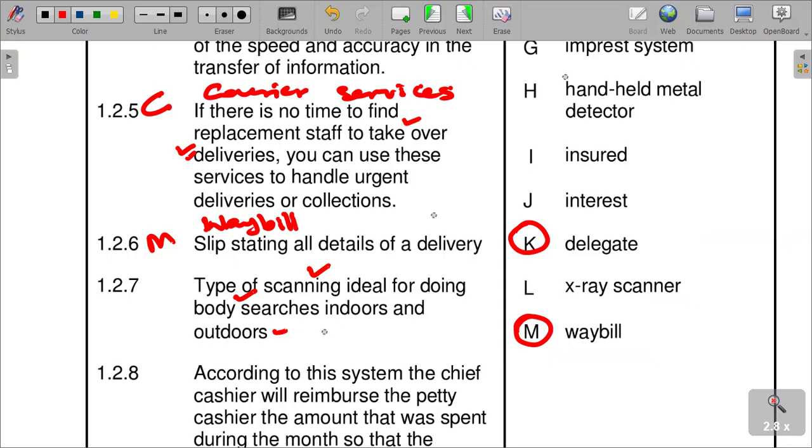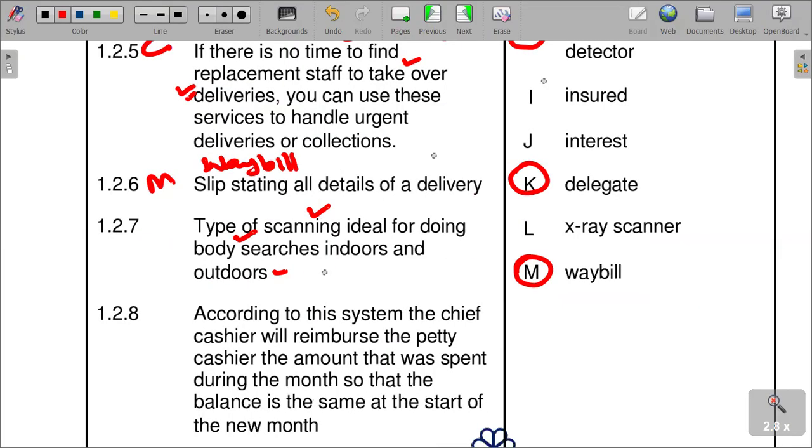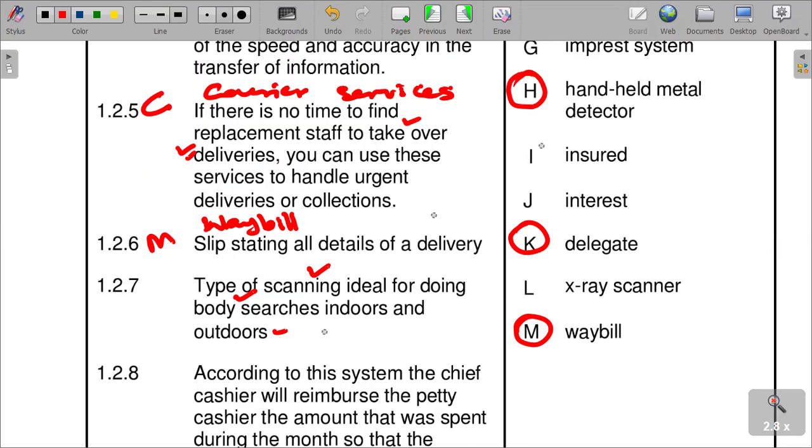I'm sure you've seen it quite a lot of times in organizations, where it is moved up and down the person's body to scan. A handheld metal detector is also used for screening candidates going into an exam.